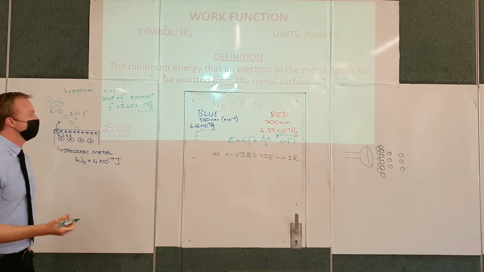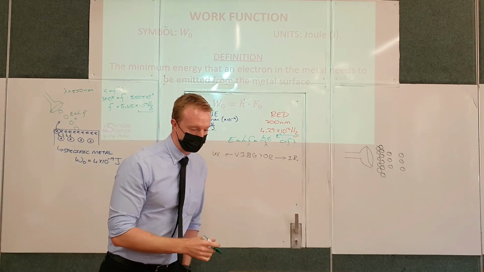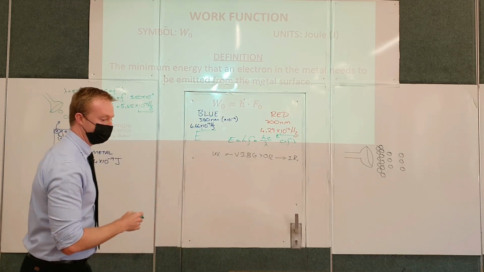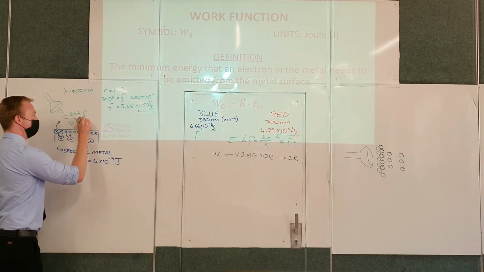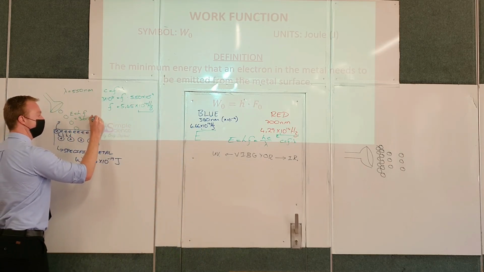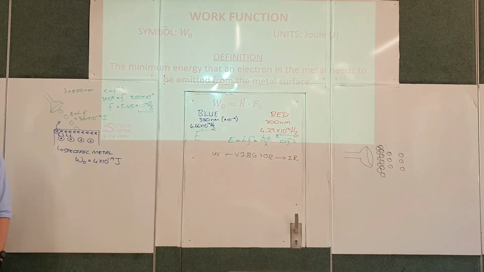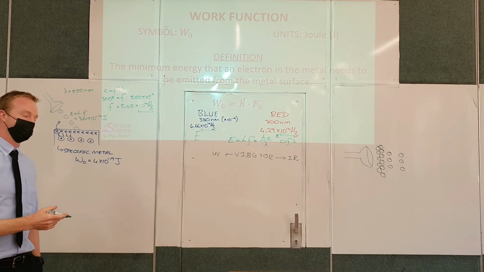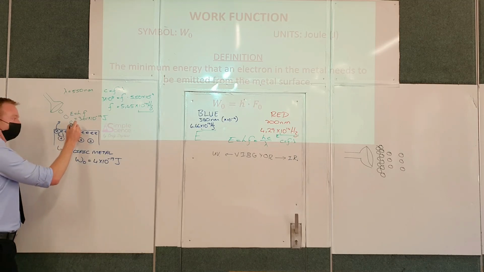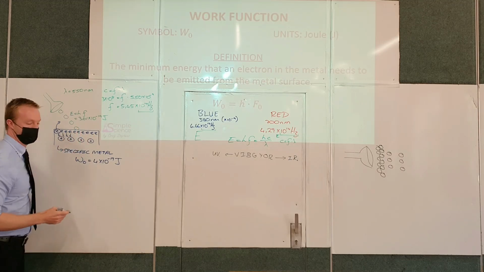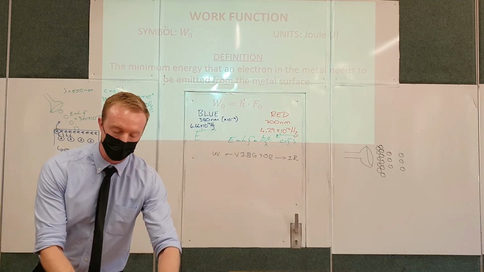Planck's constant will always be given, and we can say, therefore, the photon energy here is 3.61 times 10 to the negative 19 joules. Now, what that means is that when this photon arrives at the surface, it is going to be absorbed by an electron.